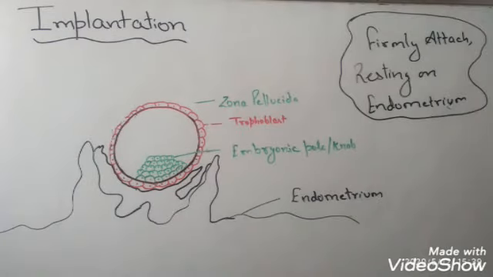Though it is attached to the endometrial lining, it doesn't mean it is strongly attached. Right now it is only firmly attached, so it can be removed easily. Therefore, the trophoblast cells which are in direct contact with the uterus also undergo proliferation.